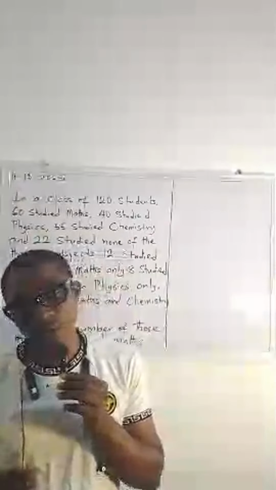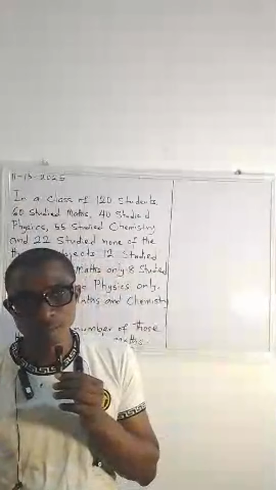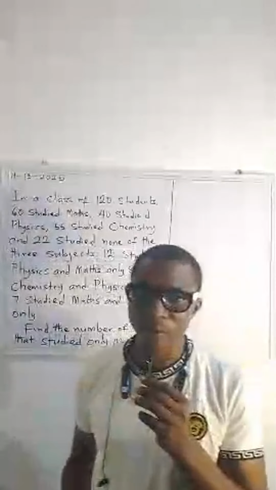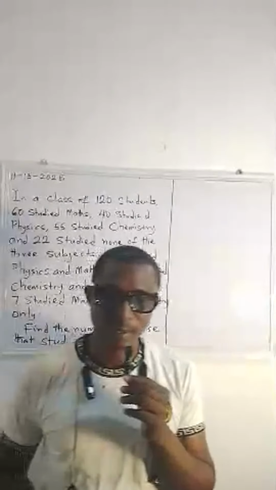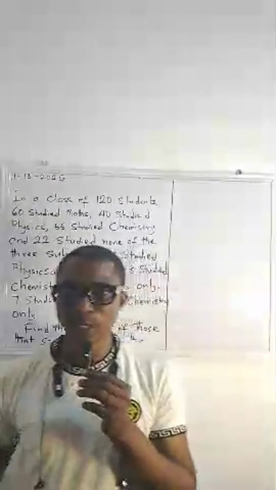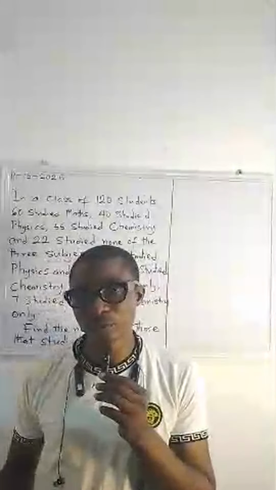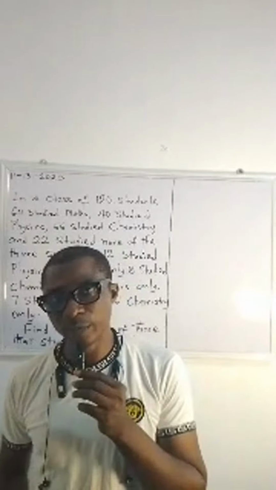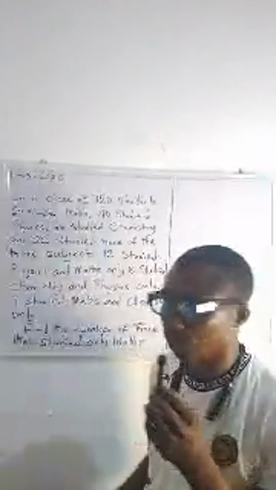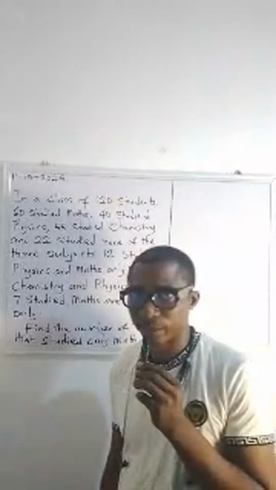So not all collections are sets, but those collections that are well-defined are what we call sets. And now we begin to use set theory to solve real life problems. So this is an example of real life problems where we're going to make use of the knowledge of set theory that we have learned.